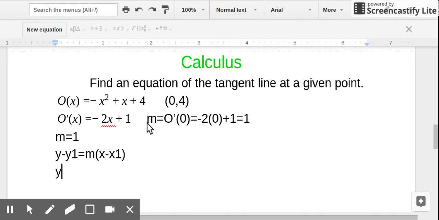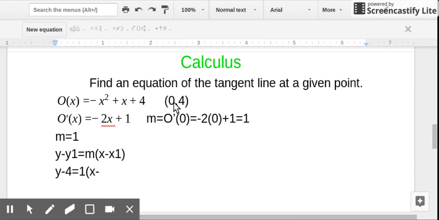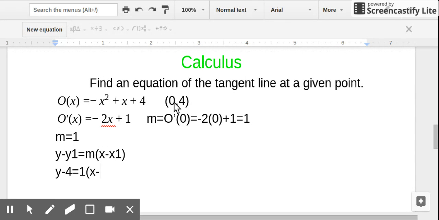So we have y minus, this is our y of 1, which we're calling 4, is equal to our slope, which was 1, x minus, and of course that is our x of 1, which happens to be 0.